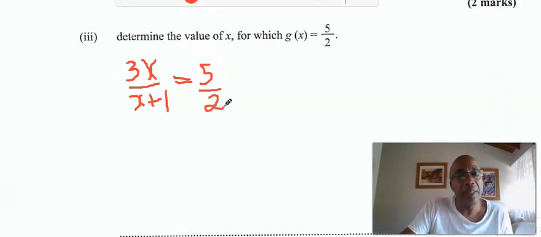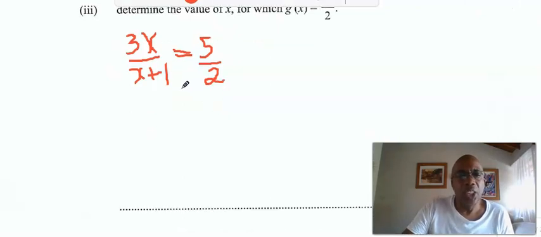So it's a simple equation but involving fractions. And the basic rule here is to get rid of the fraction by multiplying both sides by the LCM of the denominators. And the denominator, on the left side you have x plus 1, on the right side you have 2. The LCM, remember the LCM is lowest common multiple, is simply x plus 1 times 2, to get 2 times x plus 1.